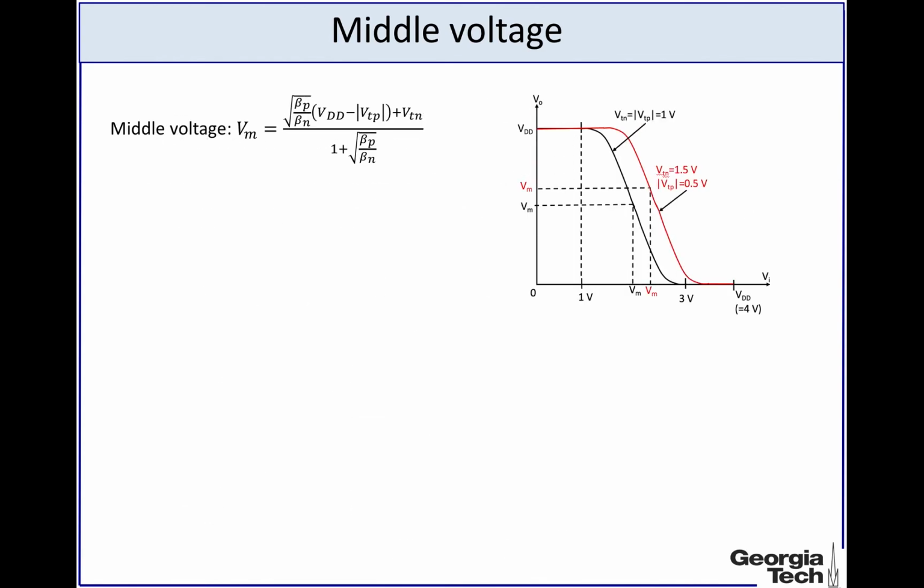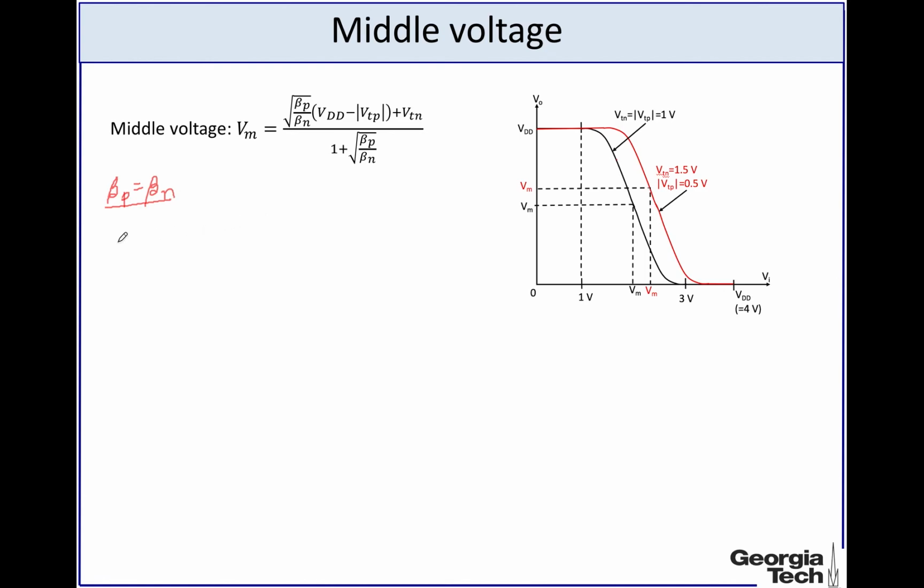Let's first consider the case where beta P is equal to beta N, which is what we used when we derived the voltage transfer curve in one of the previous classes, where VTN is equal to VTP equals 1 volt. In that case we assumed beta P is equal to beta N, which also means that both the N MOSFET and P MOSFET have the same strength.